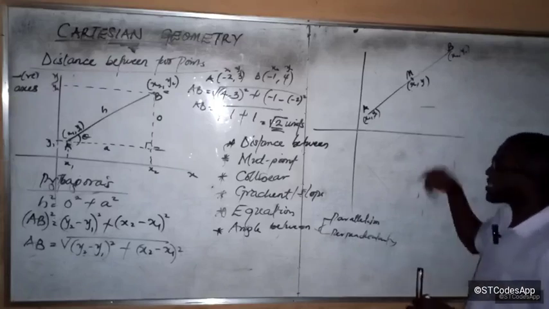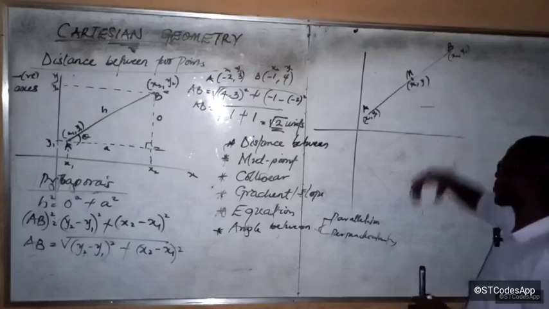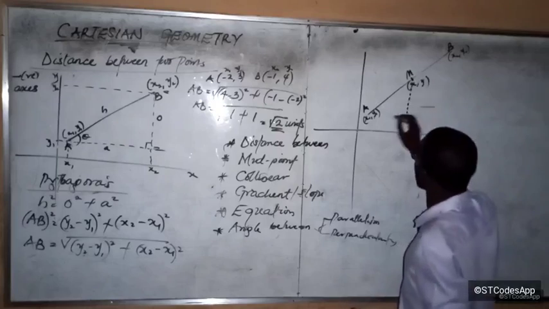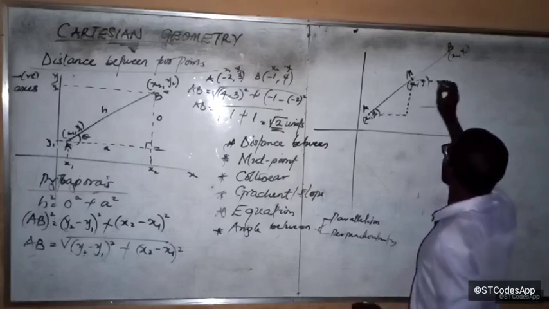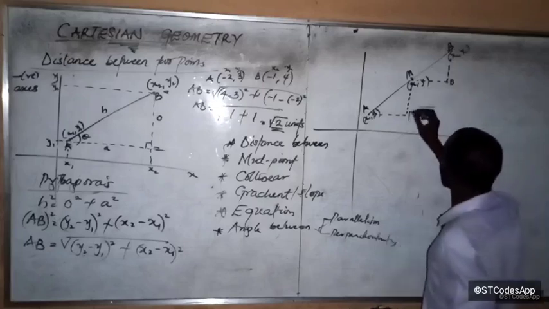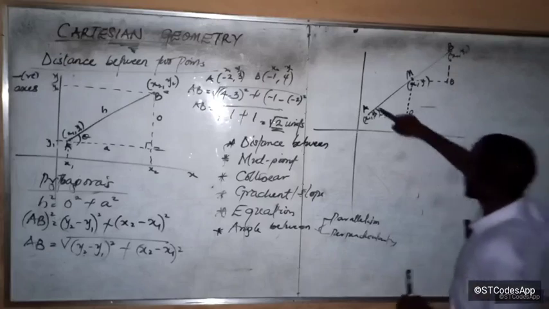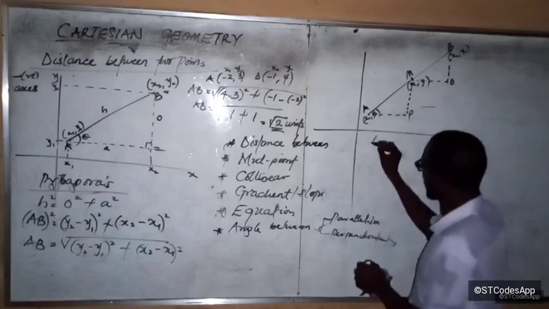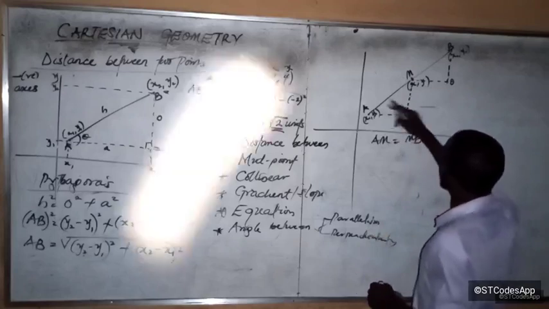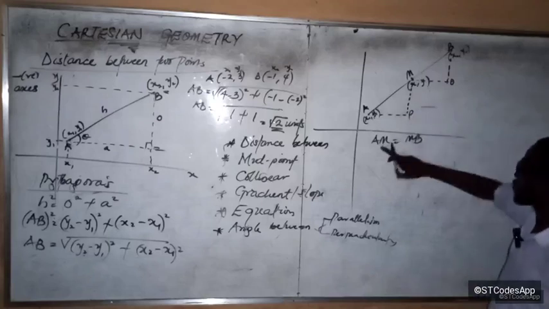So how do we now determine the coordinates of this point? It's very simple. Now, if I made this into a right angle and made this into another right angle, I could call this point O and call this point P, for example. Now, you would agree with me that since AM is equal to MB, provided that this point is the midpoint, the distance AM should be equal to MB.